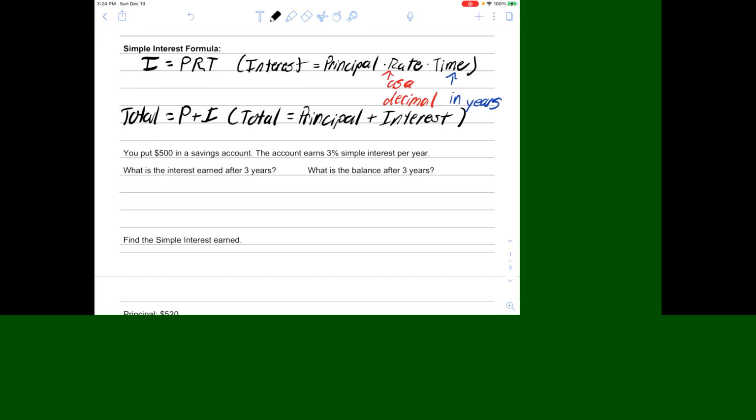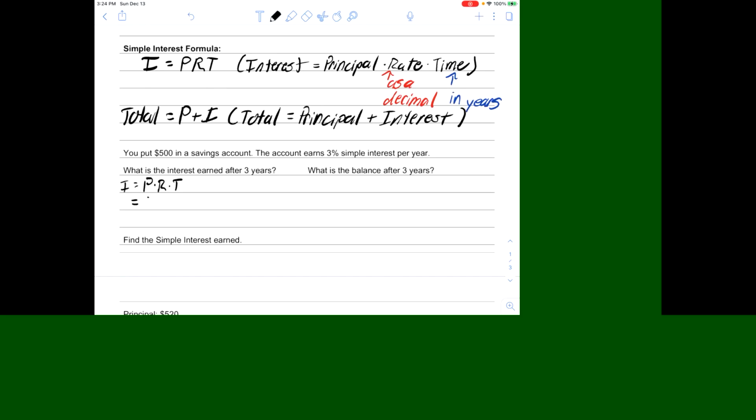Our first problem is that you put $500 in a savings account. The account earns 3% simple interest per year. The first question is, what is the interest earned after 3 years? Our formula for interest is that interest equals P times R times T, the principal times the rate times the time. To find that, the principal, that's the starting amount of money.